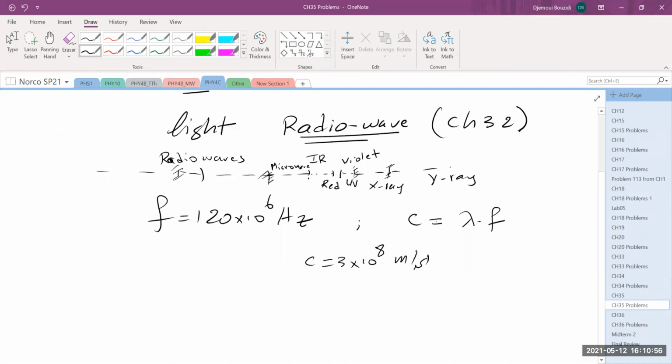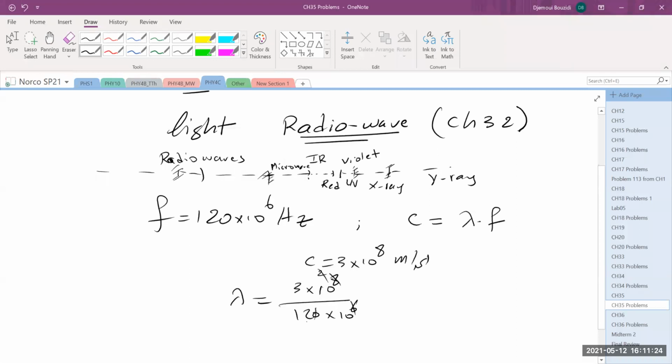If we ever need the wavelength, and every time we're dealing with a double slit experiment or a single slit experiment or interference, usually we need the wavelength. So this is almost like a given. But just to give you an idea how long this wavelength is, even if they don't ask the question, we should be able to find it. It's 3 times 10 to the power 8 divided by 120 times 10 to the power 6. This one and this one cancel.